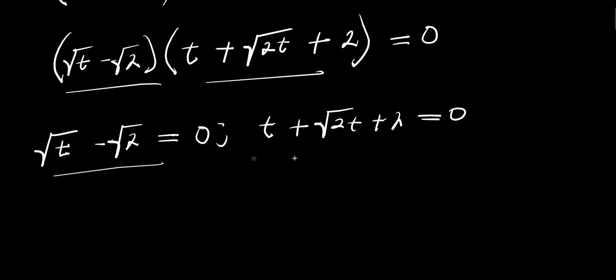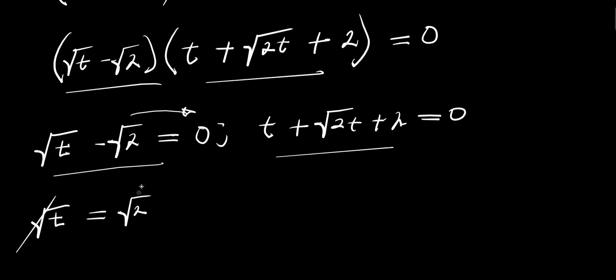So let's solve these two individual equations. So what you are going to do is to move this over here. Square root of t equals square root of 2. This eliminates this. We have t equals 2. That's my t1.